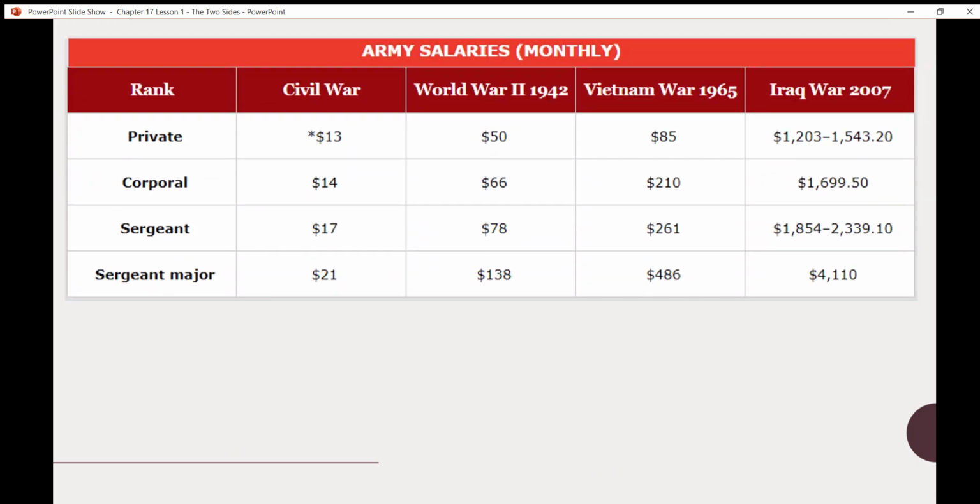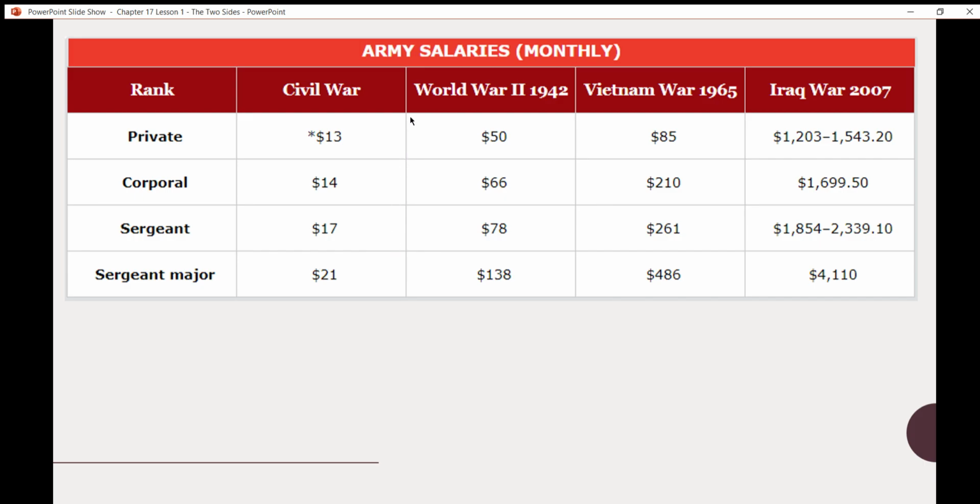So here's a little graphic showing how much soldiers in the Army made monthly. Starting off with the Civil War, you can see that privates, one of the more basic rankings in the military, made about $13. Even the highest ranking, Sergeant Major, made no more than $21.